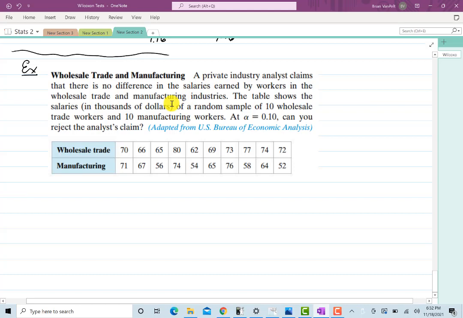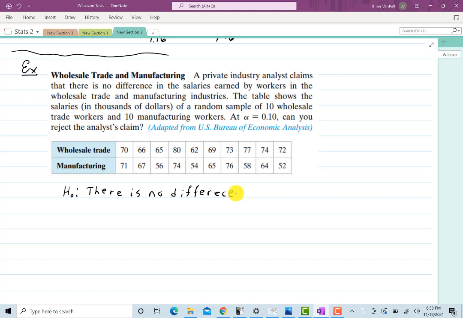There's no difference. So our H naught, we'll write something like there is no difference. You can think of that as being an equal sign if you'd like. There's no difference in the salaries earned by the workers in the wholesale trade and manufacturing industry.